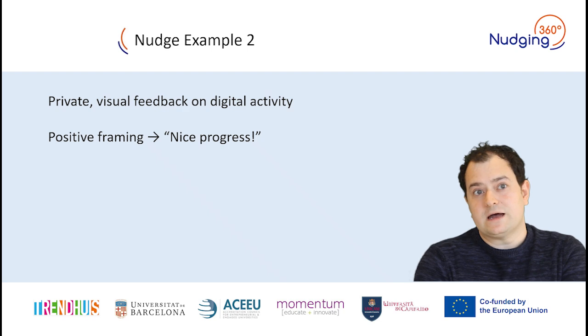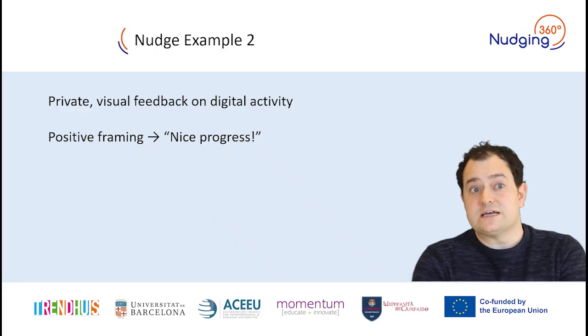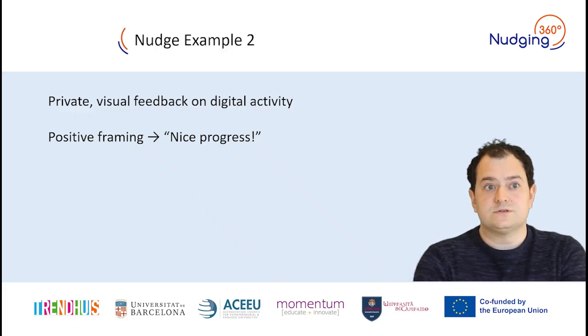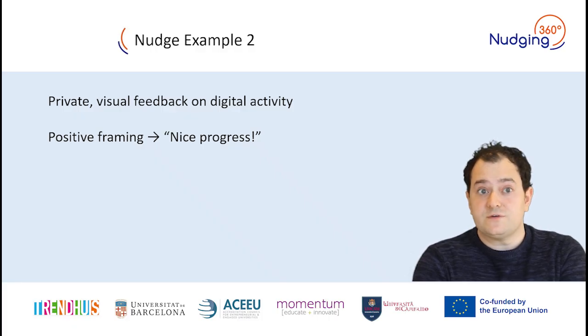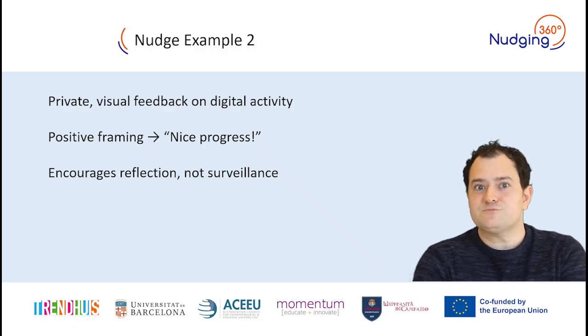This nudge uses feedback loops to drive self-reflection. The dashboard displays staff engagement with digital systems, for example, LMS activity, shared resources, or use of feedback tools. But unlike performance tracking tools, these dashboards are private by default, giving educators control over their data. But they're also framed positively, with prompts like, "Nice progress," or "You've increased participation this month."